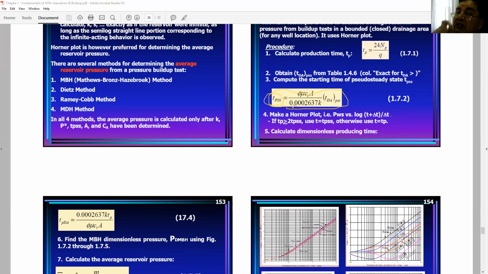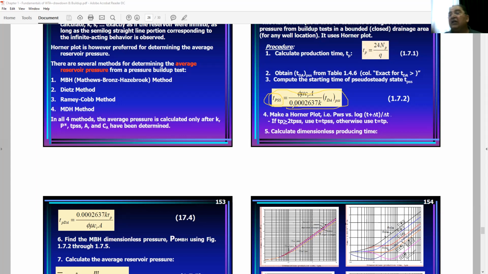When your production time TP is greater than twice the value of TPSS, you need to redraw the Horner plot using TPSS instead of TP. But if TP is not greater than twice the value of TPSS, then you do not need to redraw the Horner plot.